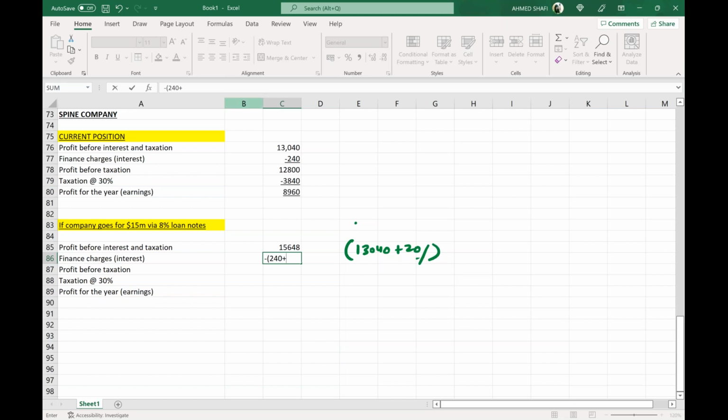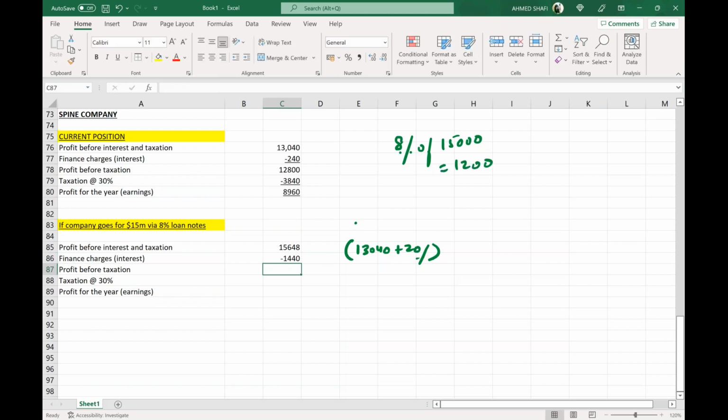How much? 8% of 15 million or 15,000. Interest will increase by 1,200, and will become 1,440.